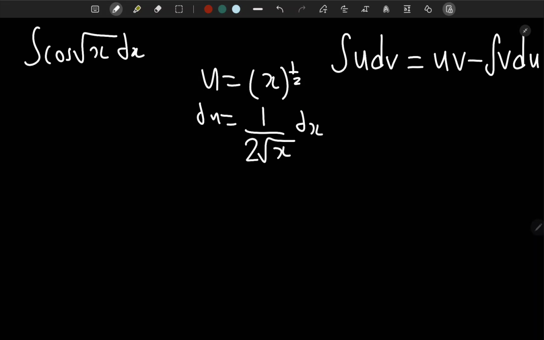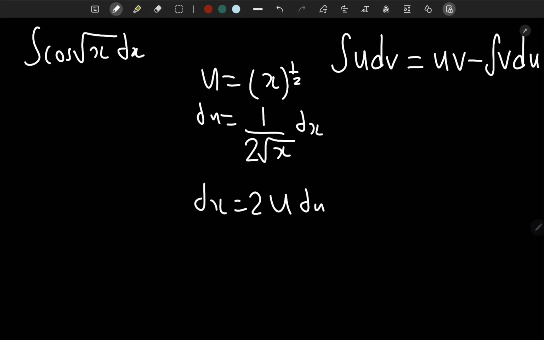And here we can rewrite this in terms of dx. So dx here is going to be equal to 2 radical x du. I just brought this up here. And again we notice that u is x to the power of half, so here we can replace this by u. And now let's start the method.